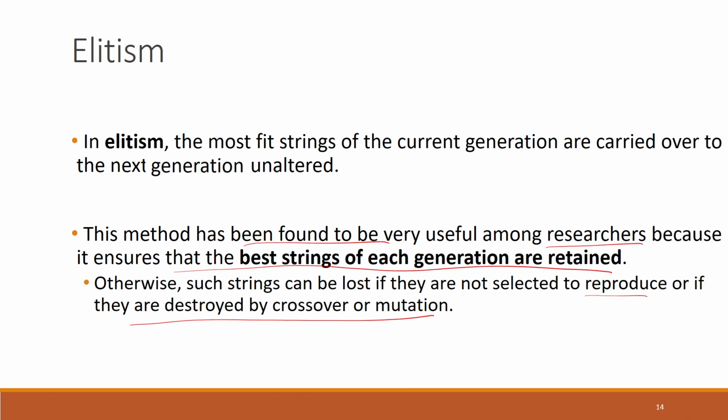Okay, so in order to take into account these things, there is this procedure called elitism where a few of the best strings are kind of stored in the beginning. Okay, and those strings are then not going through selection, crossover and mutation. Okay, only the remaining strings will be undergoing that. For example, if you have n strings in the beginning and you decide to keep 2 strings for elitism, the best 2 strings, that is the strings that have the highest fitness, the remaining n minus 2 strings will then undergo selection, crossover and mutation, and once that completes, whatever new n minus 2 strings you have, you will now combine them with the top 2 strings that you had stored for elitism.